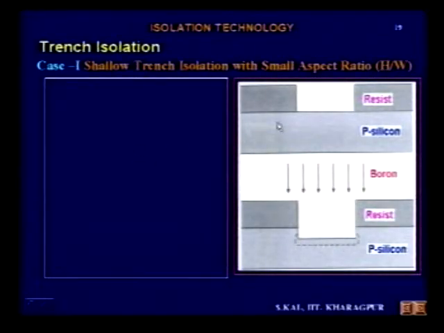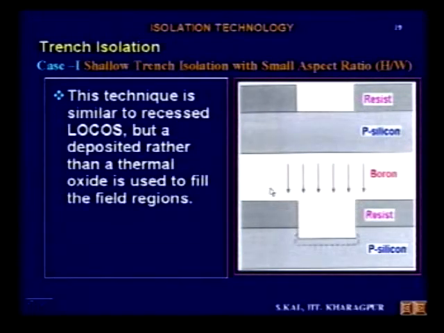And there, how the isolation process follows is shown here in this diagram. This technique is similar to a recessed LOCOS. But a deposited rather than a thermal oxide is used to fill the field region.